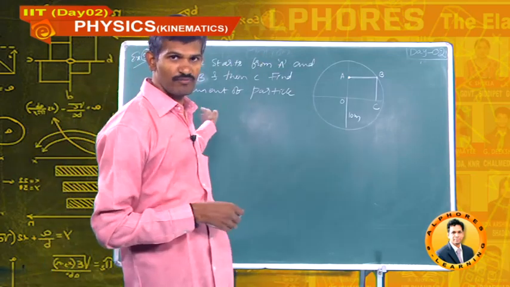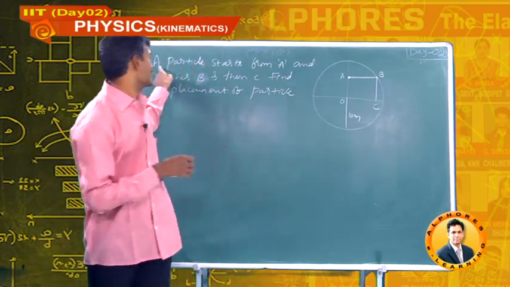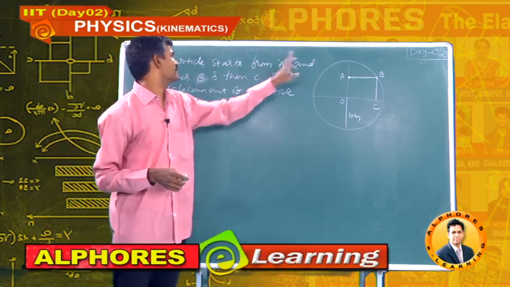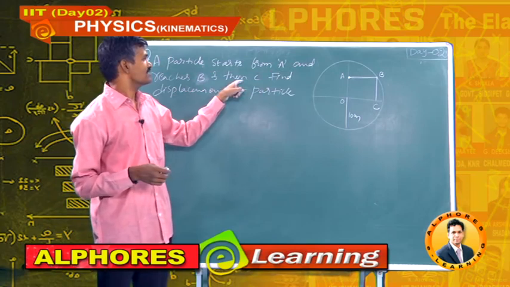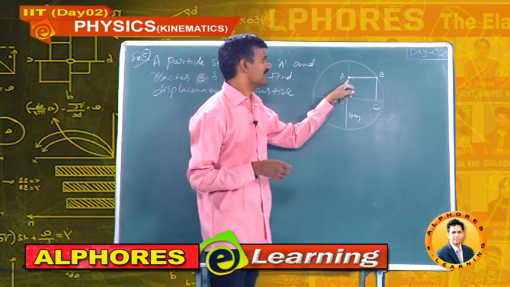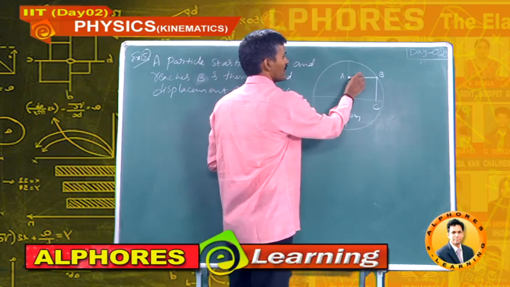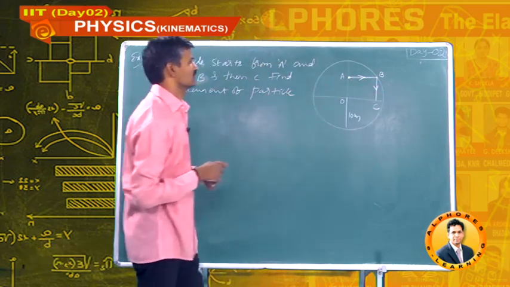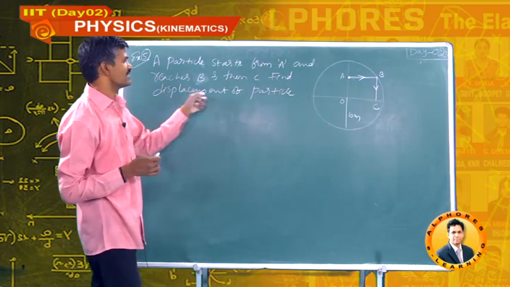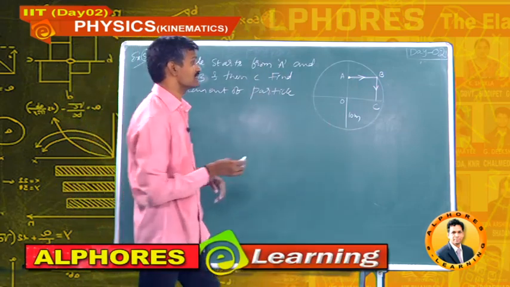Students, here is one important problem. A particle starts from A and travels along A to B, reaches B and then B to C. Now we have to find displacement of the particle only. What is the displacement?